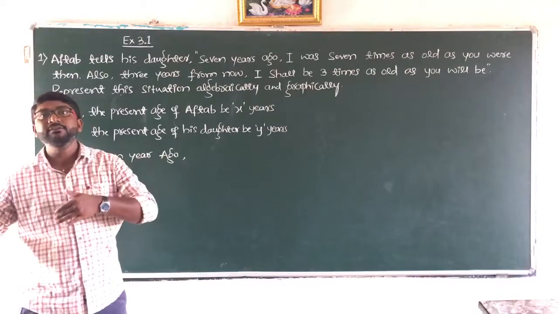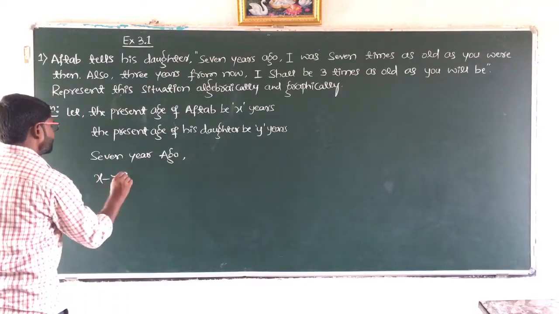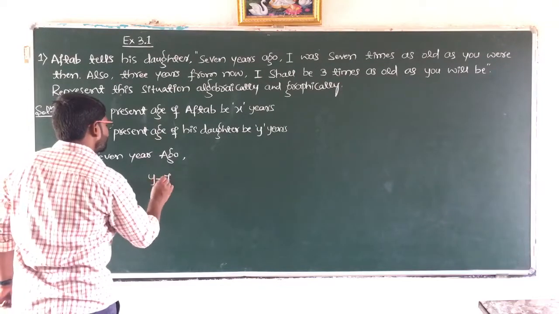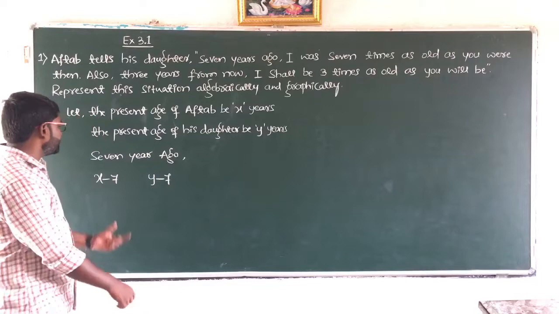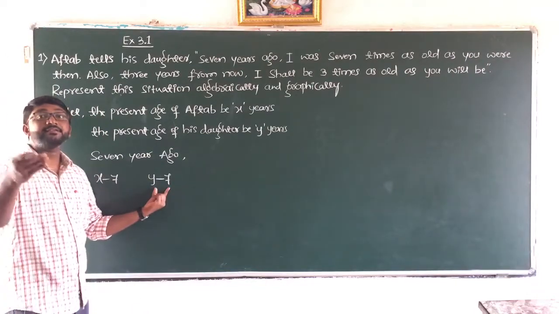We have to go back 7 years. That means X minus 7 is the age of Aftab and Y minus 7 is the age of his daughter.